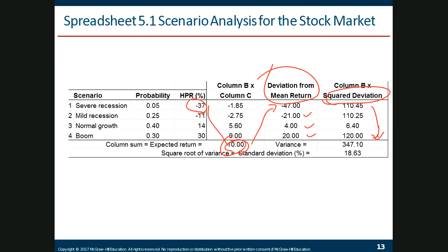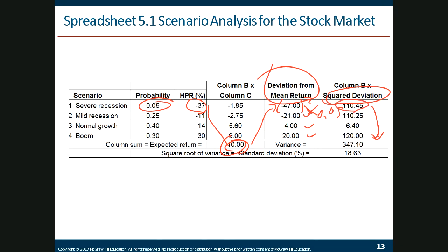No, sorry. If you square them all up and then multiply by the probability. So if you take this squared, multiplied by 4.05, that's going to give you 110.45 and so on and so forth.